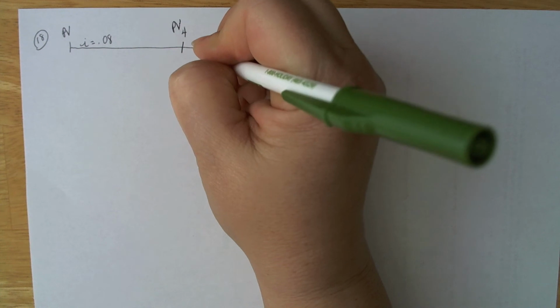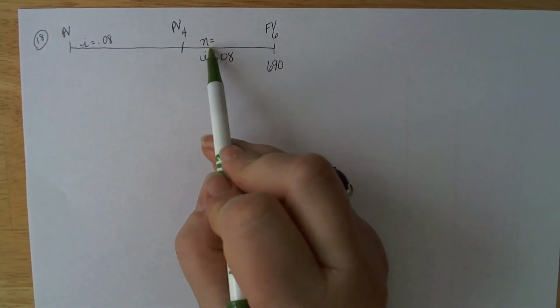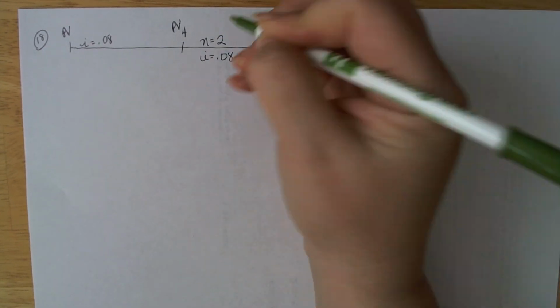So our interest rate is 8%. And then our N is technically 2, right? Can you see that?